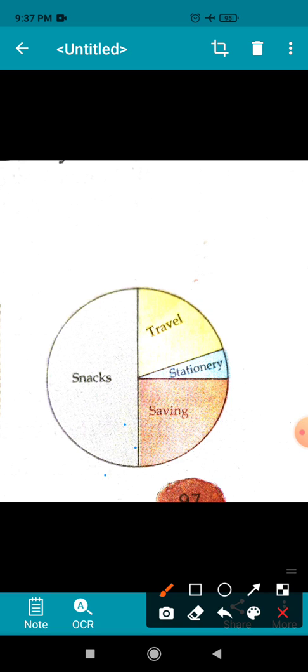Children, if you see this pie chart, you will find that this pie chart shows monthly expenditure of pocket money.